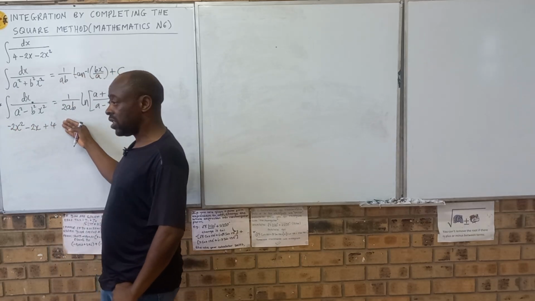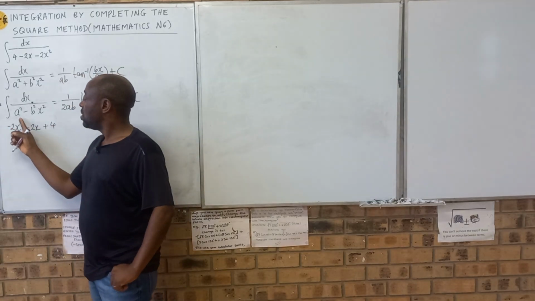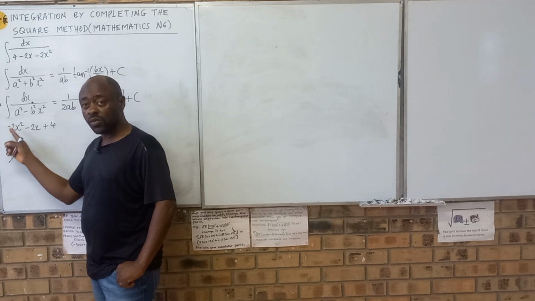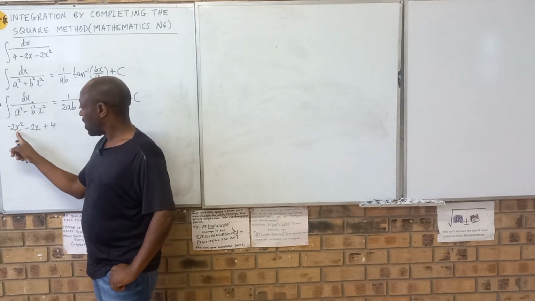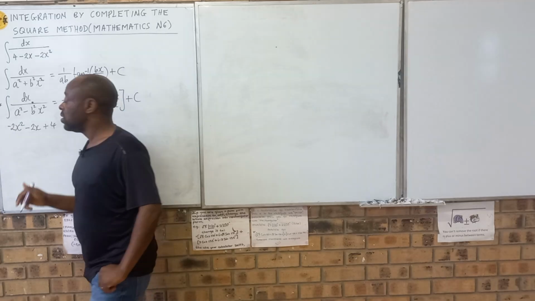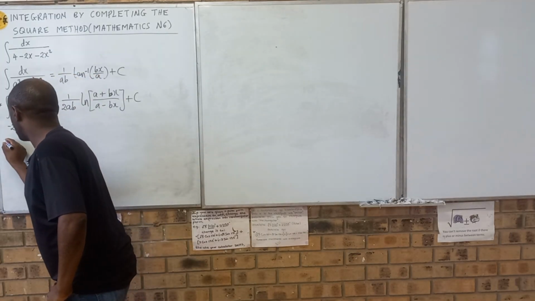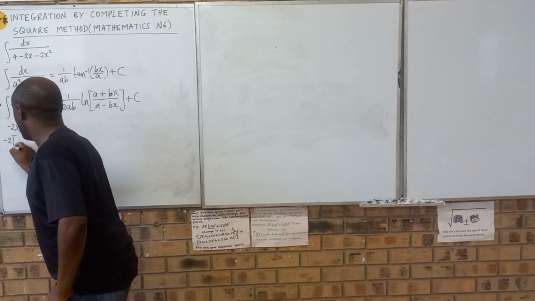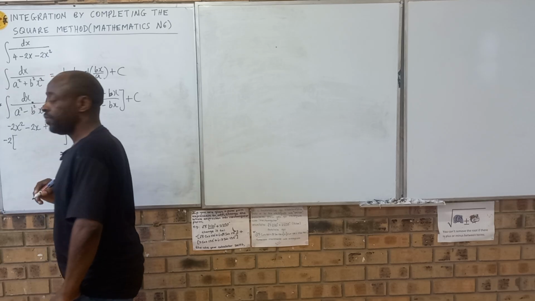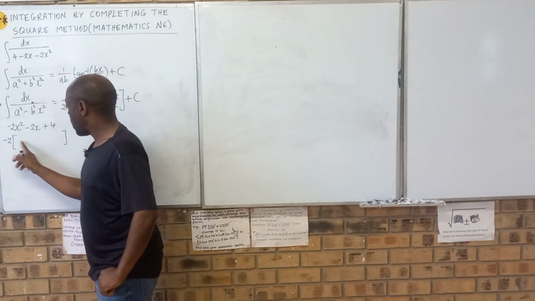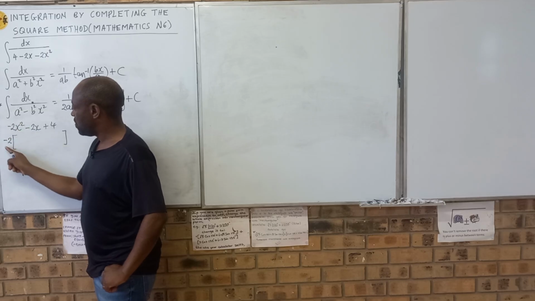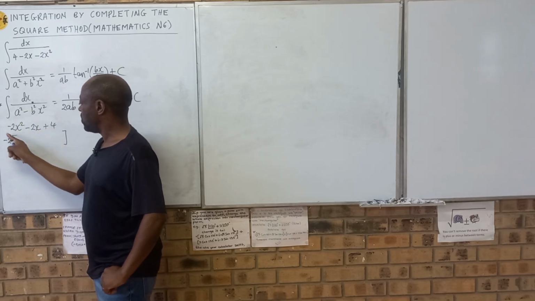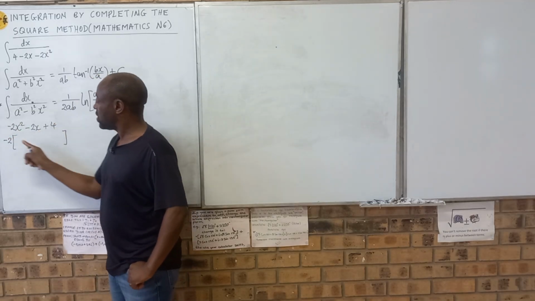So we need to take our first step for completing the square. We're going to take out the coefficient of x squared as a common factor from all the three terms. So the coefficient of x squared is negative 1. This is how we do it. Write down our negative, we open a square bracket, then what you write in here, you get it by taking your first term, you divide by the coefficient, second term, you divide, third term, you divide.